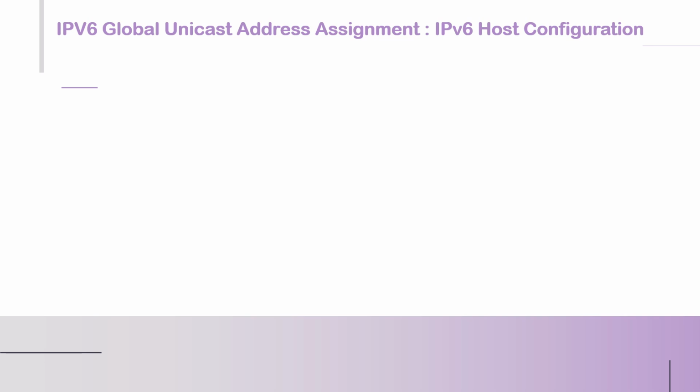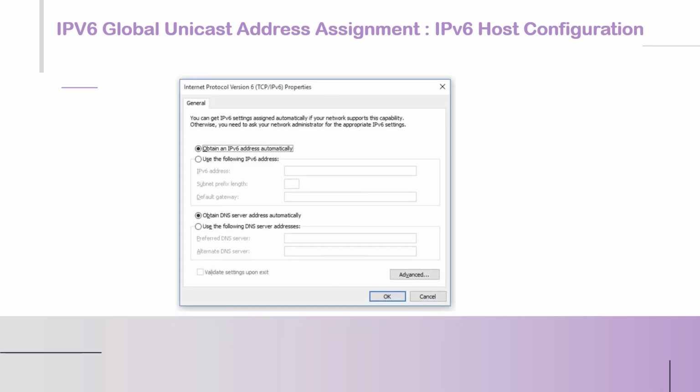In a router, if you need to configure an IPv6 global unicast address manually, you have to use in the interface the command ipv6 address followed by the IPv6 address/prefix length. A Windows host can also be configured with an IPv6 global unicast address, as shown here in this figure.